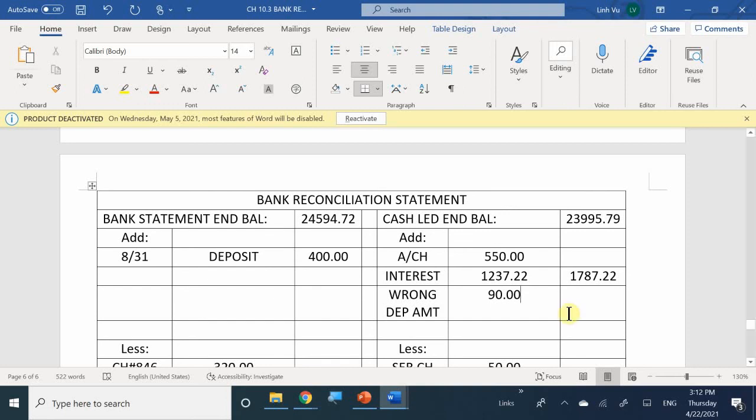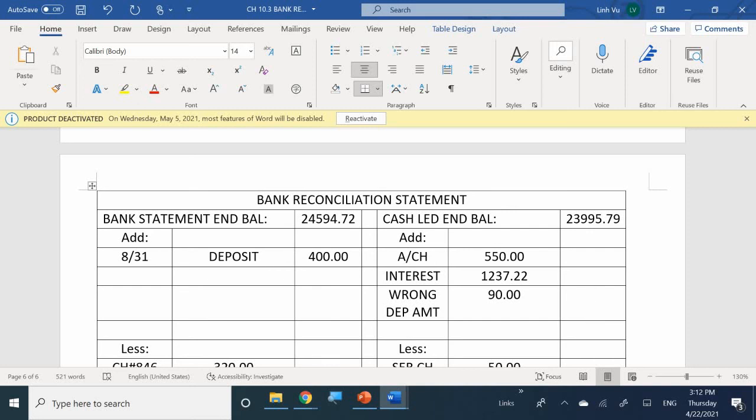Okay. So here we're going to add the $90 because we're supposed to have $90 more. And on top of that, we deposited, so on our side, we need to add it on our side. Okay, so therefore, what is going to be my number here now that I'm adding an additional $90? What's my total amount that I need to add? $90.